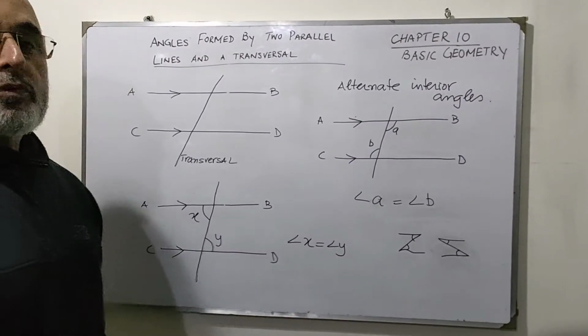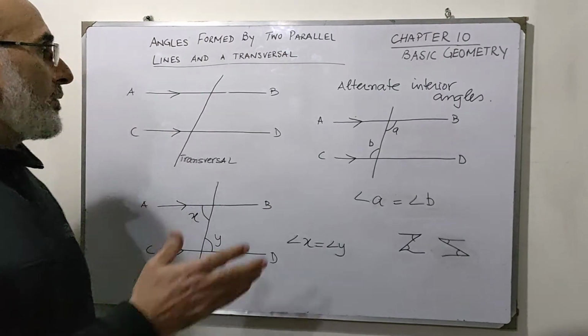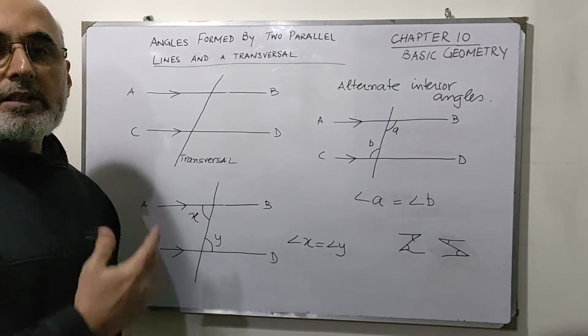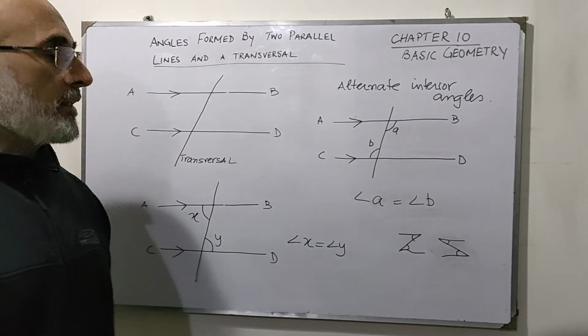So now let's move to the third type of angles, which are formed when the two parallel lines are intersected with the transversal, which is interior angles.